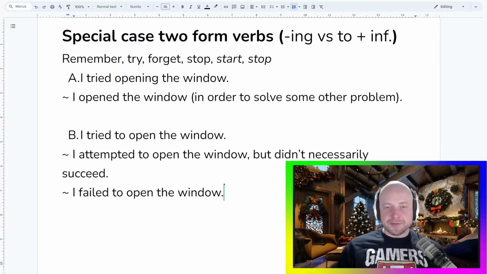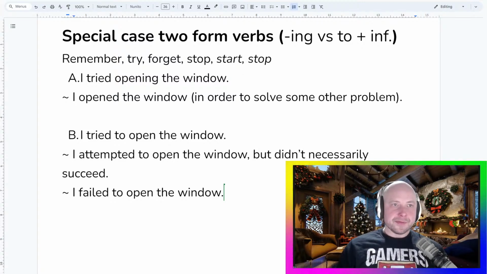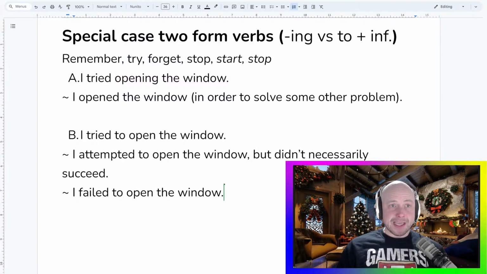When we use to plus infinitive with try, I tried to pass the exam, it indicates that you failed.